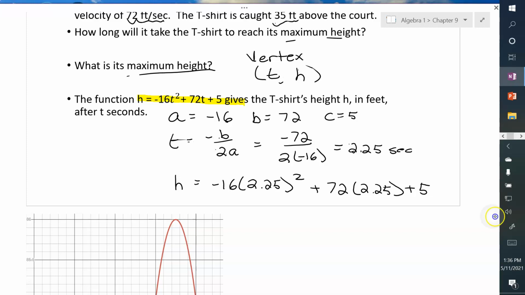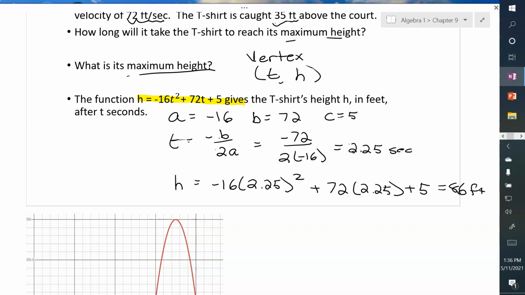And I got 86. So what this means is that t-shirt, as it's flying through the air, it's going to be 86 feet high, and it's going to take 2.2 seconds. And at that point, it's going to turn and start going back to the ground.